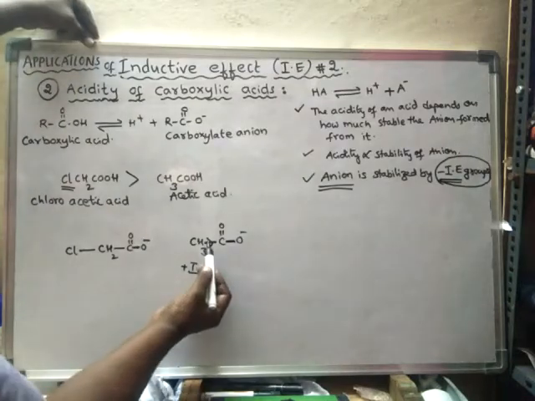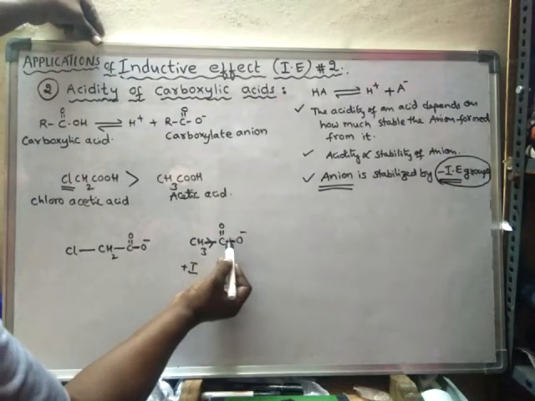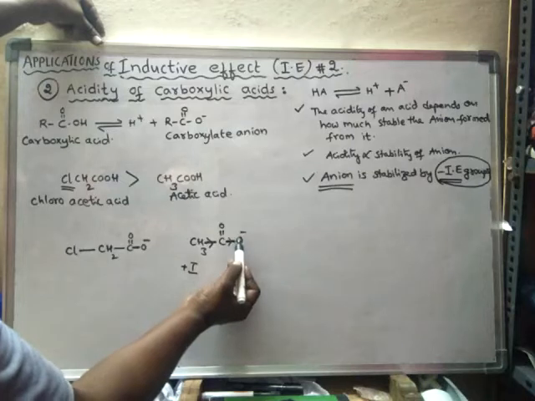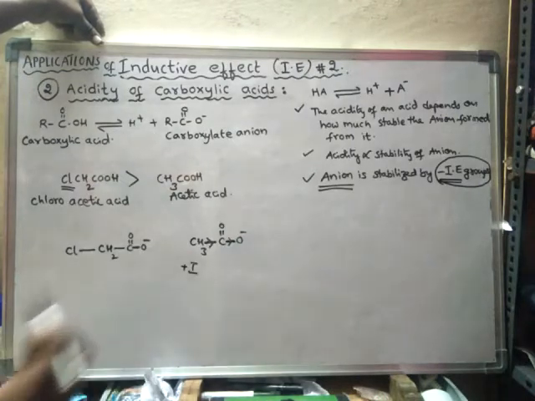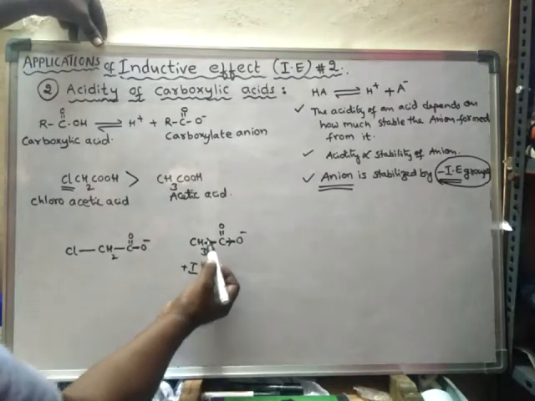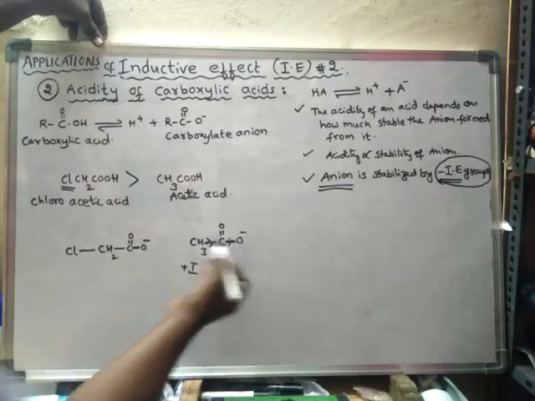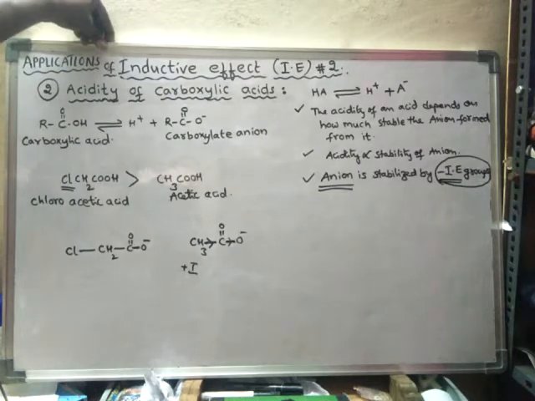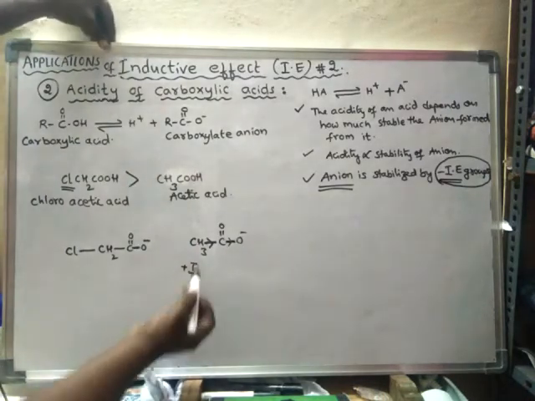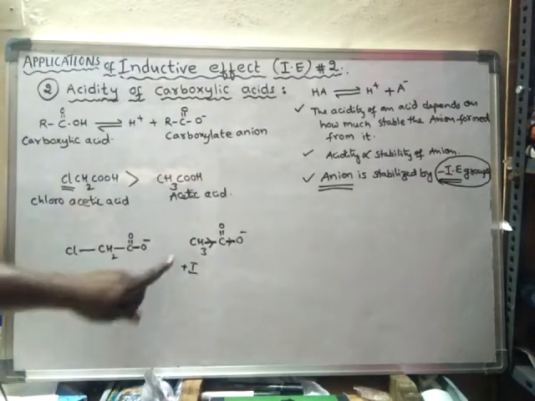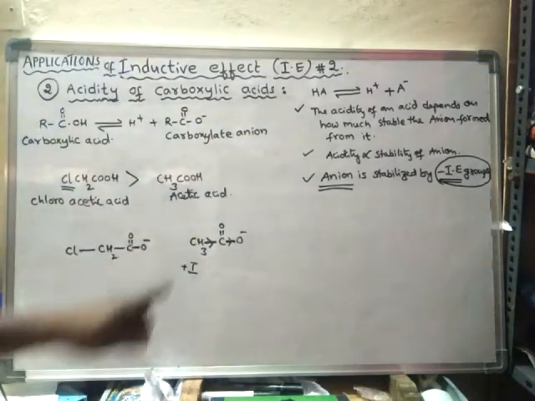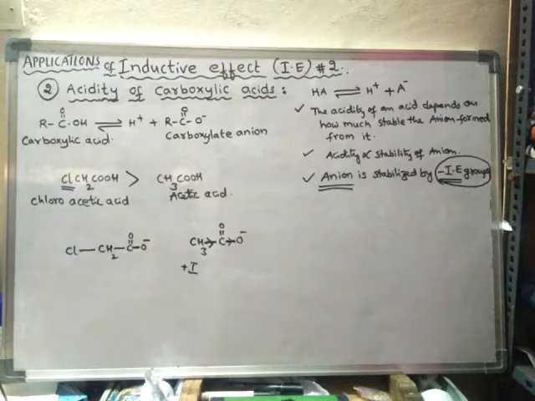So due to the inductive effect, what happens? These electrons will finally reach this place, and already oxygen is negative in charge, and again due to inductive effect, some more electrons are pumped onto the oxygen. So that means the negative charge on the oxygen is increased because of the methyl group, because of the plus I group. So the negative charge on the anion is increased.